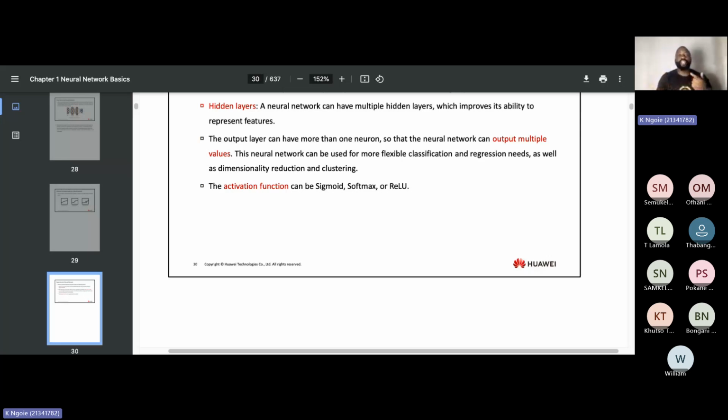If the value is less than 0.5, the person is unhealthy. And what is going to make sure that every value that comes is ranged between 0 and 1 is an activation function. Which means that after all those calculations, if maybe the answer comes as 6.2, the activation function will take that value and convert it into a value between 0 and 1. And that's how we're going to have our output.